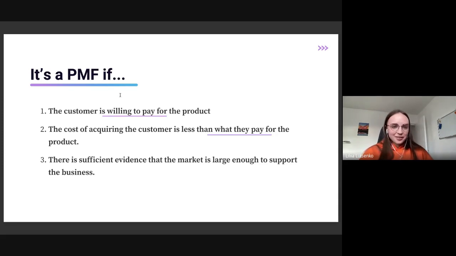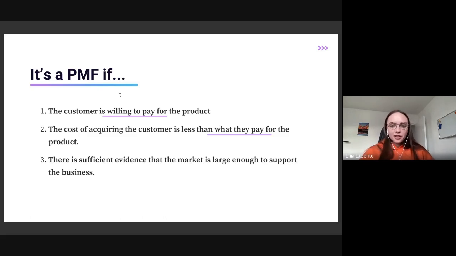I don't remember the definition by heart, but it says that product market fit is achieved when a customer is willing to pay for the product, when the cost of acquiring those customers is less than what they are paying, so the product achieves profitability on this market, and when the market is big enough to support the whole business function and grow it further.